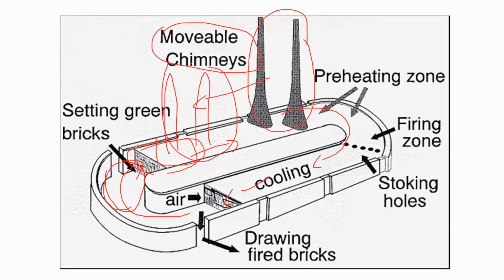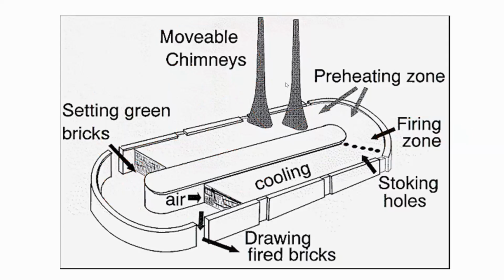When the burning completes here, you bring those chimneys to the next chamber, and burning takes place there. In other chambers other works take place, like preheating, firing zone, stoking holes, loading, unloading, and cooling. All these processes take place at a time.